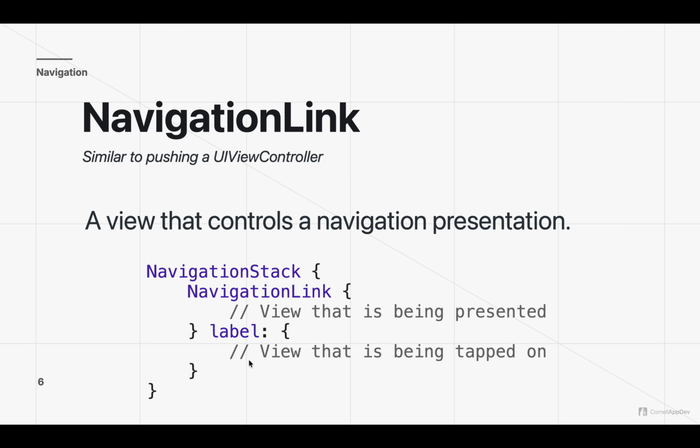We're gonna put the button into the label, and then we're gonna put the link that we want to navigate into the navigation link. So in the code, navigation link, choose this one, destination and the view we want to enter.